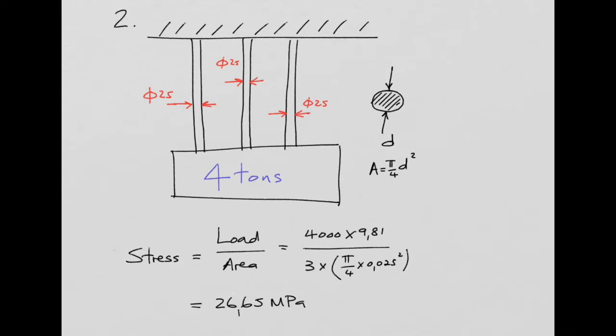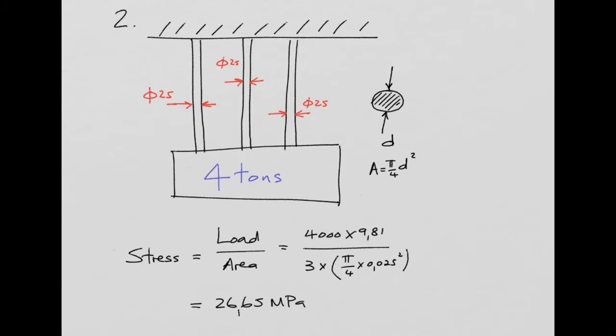So if we take a cross section through any of the bars, it would be round, and the area of a circle is pi over 4 d squared. And back to our same old stress formula, stress is load over area. Now if you're supporting 4,000 kilograms, the force required to do that close to the earth, you would have to multiply, as we know, mass by g to get that force.